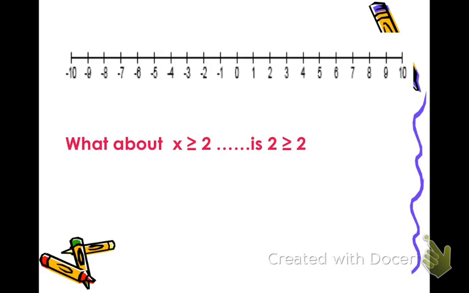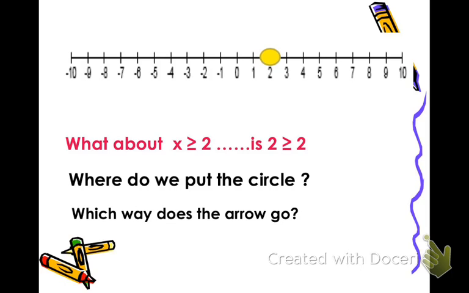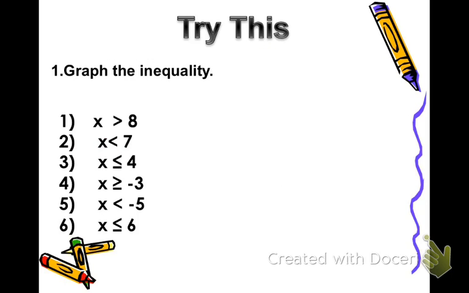What about x is greater than or equal to 2? Well, this time, the arrow goes right with a closed circle. So let's give these a try. What would the graph look like for x is greater than 8?